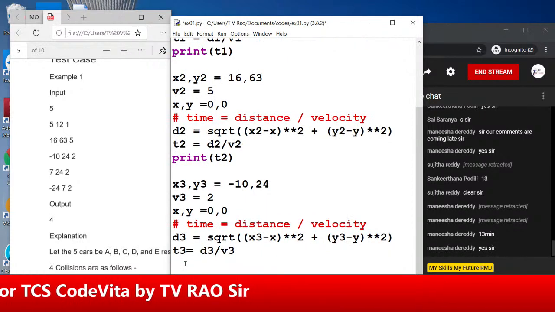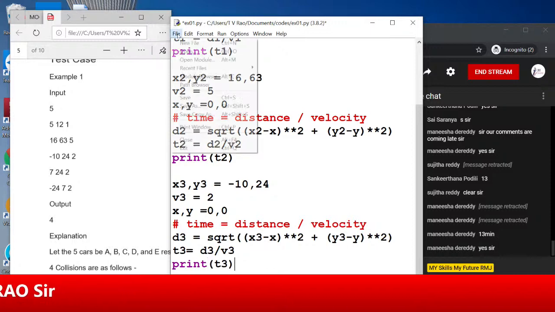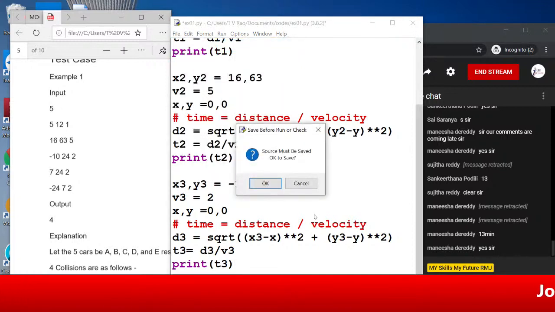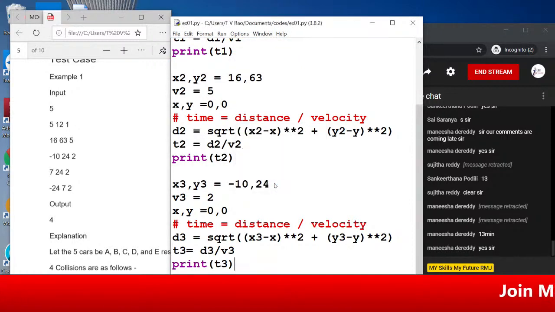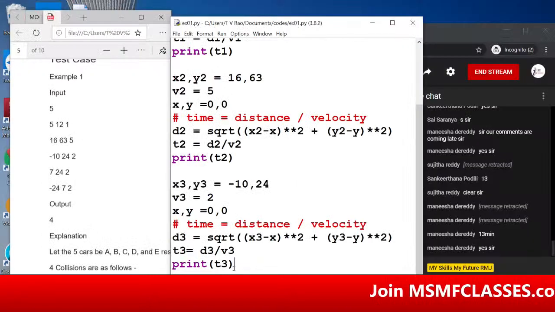What are you printing? You are printing t3. Okay, so let us see. So t3 is printed 4 times.